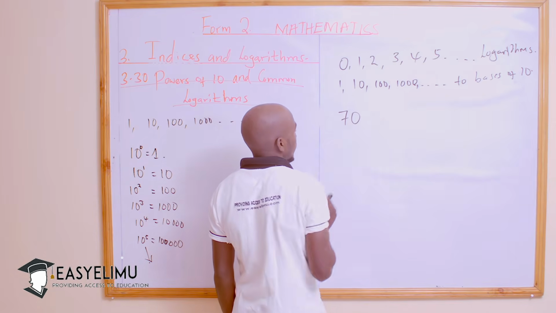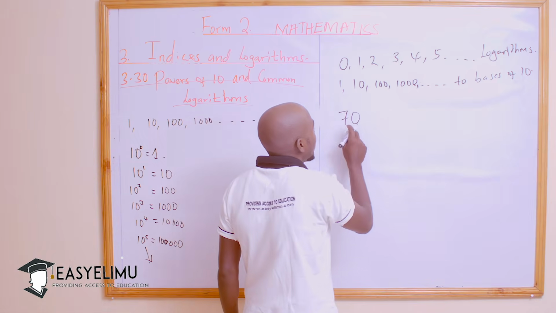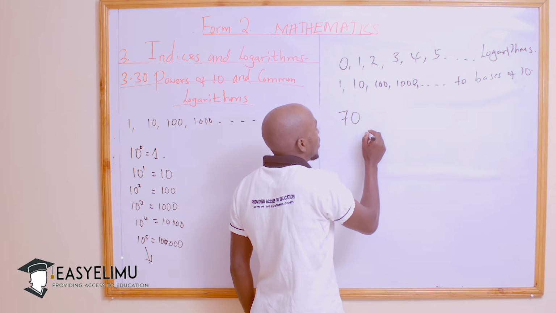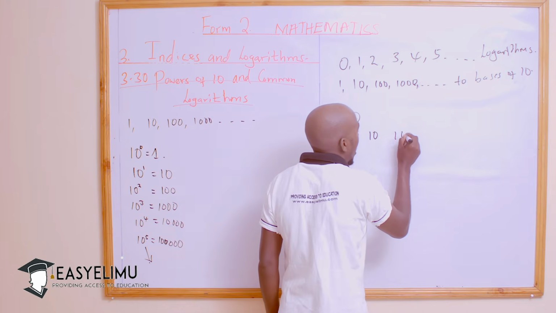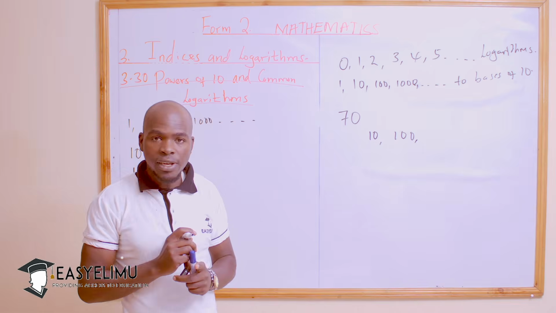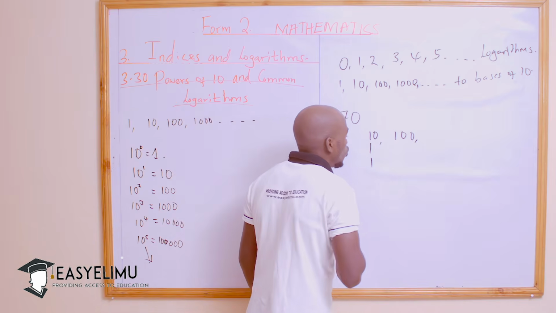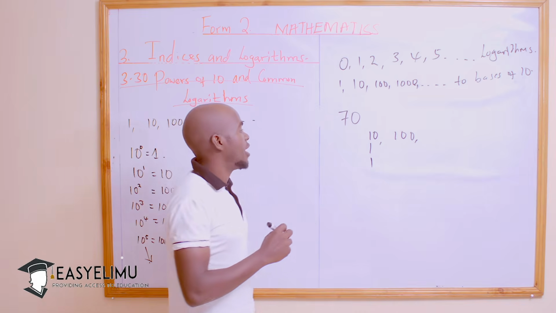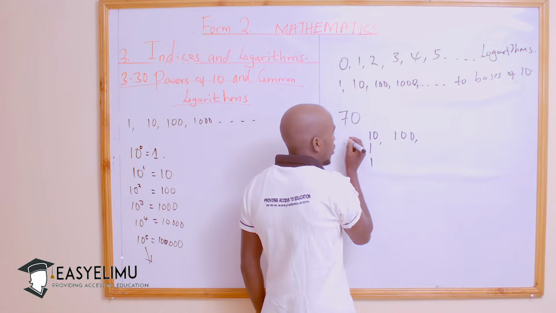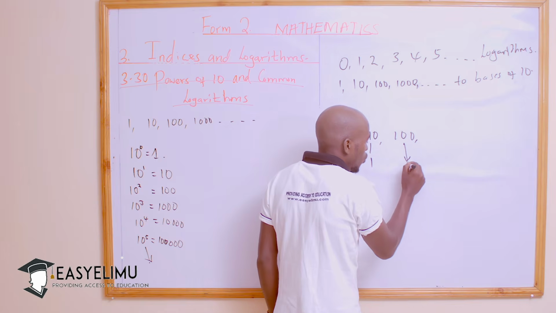We know 70 lies between 10 and 100. But we know the logarithm of 10 to the base of 10 is 1, and the logarithm of 100 to the base of 10 is 2.